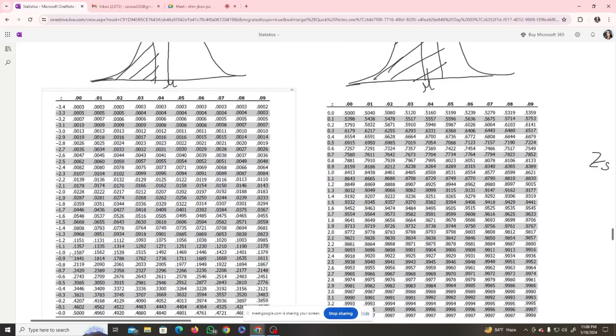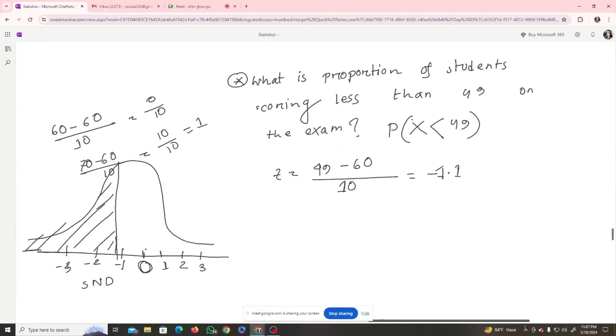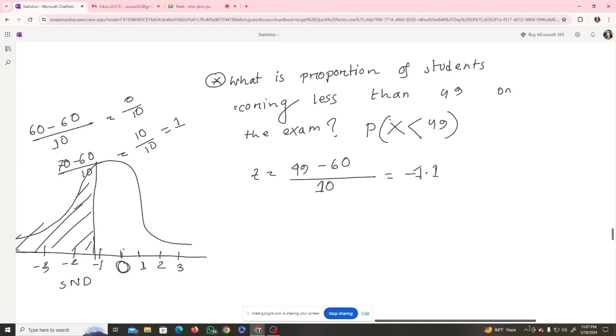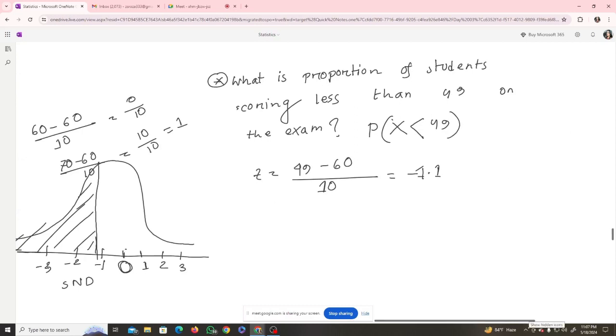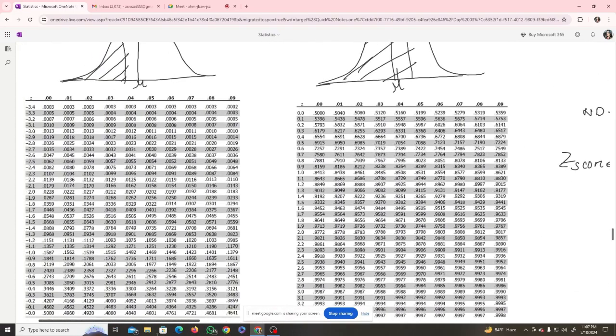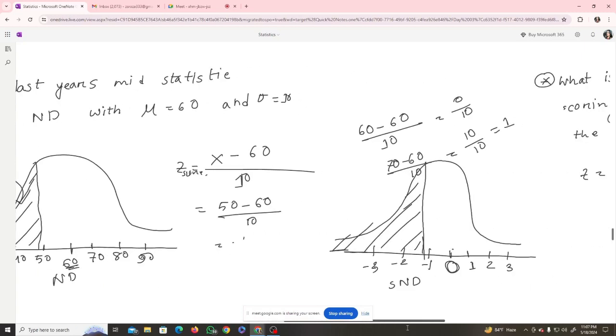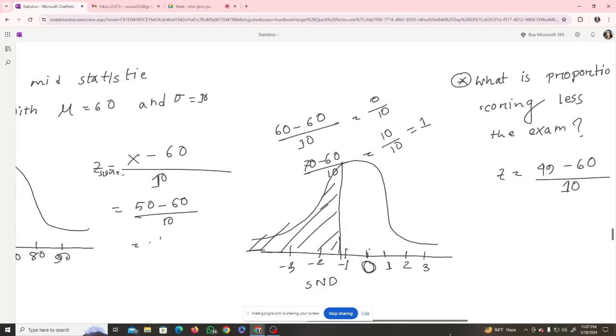So this is the right Z table, and this is the left Z table. You will firstly find your Z score, and after doing that, you will incorporate your value. For this case, you find minus 1.1 on this table, and then you will try to find the area. By area, what do I mean? In this case, we are trying to find this part, right?